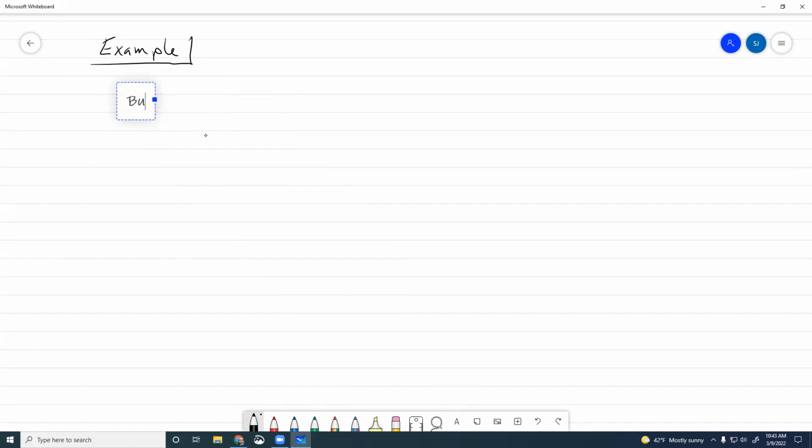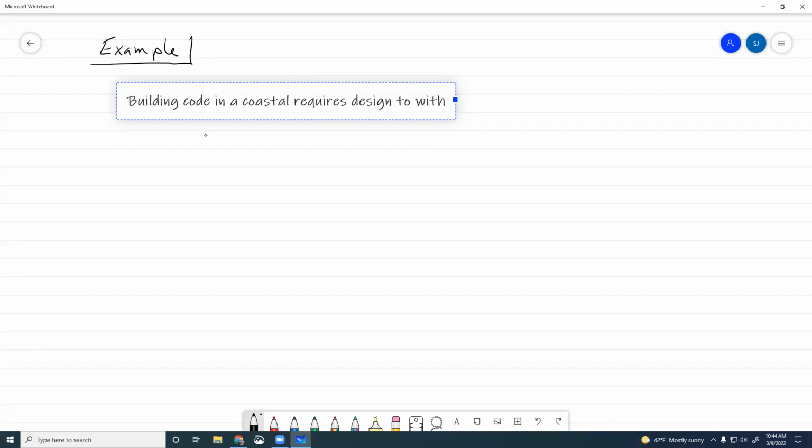So we have a building code in a coastal region, Florida, let's say, that requires the building design to withstand a wind load.